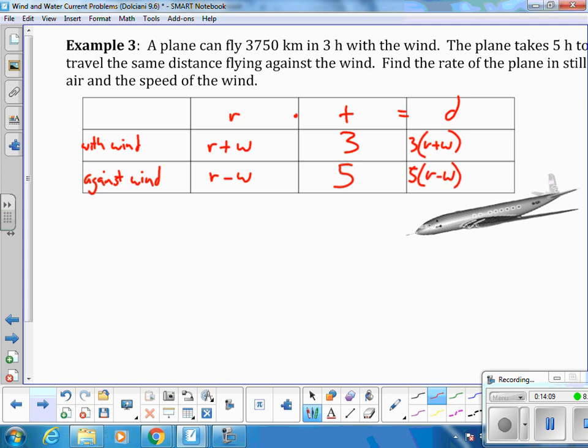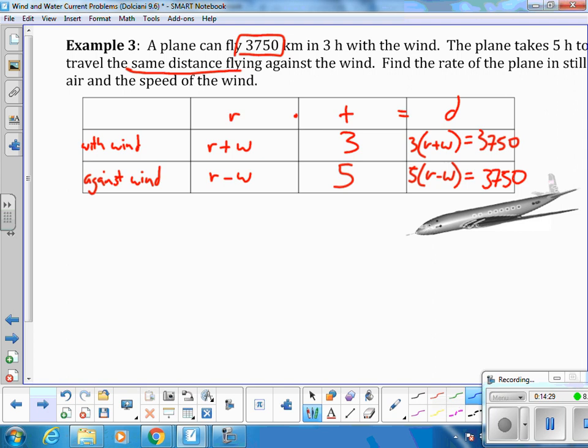And I know the distance the plane can fly is 3,750 with the wind. That's the same distance. Okay, what I'm looking for, as I'm seeing, is the 3,750 round trip, or is it one way? This is one way, so I know I can do 3,750. It's a detailed thing that you and I need to pay attention to.